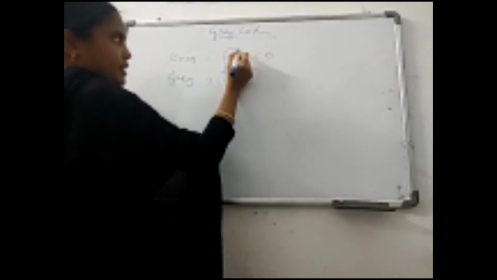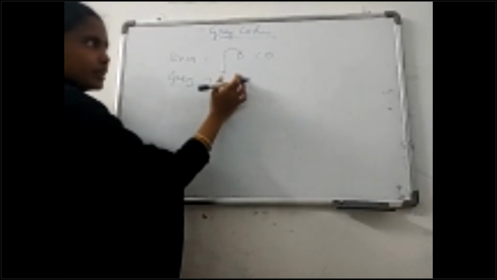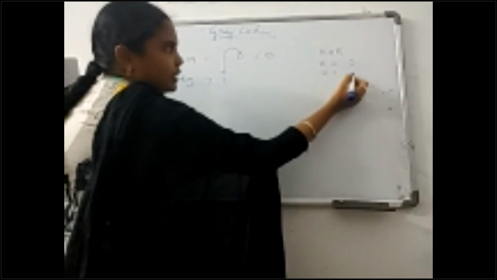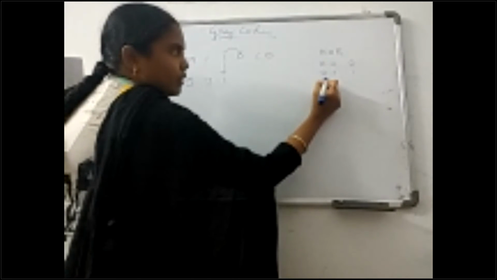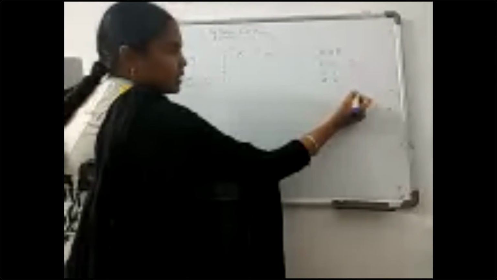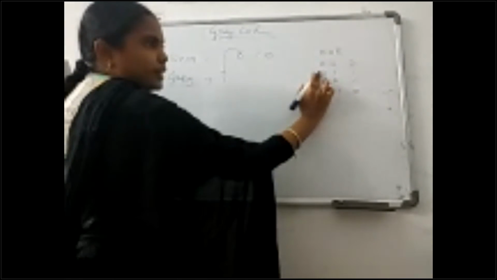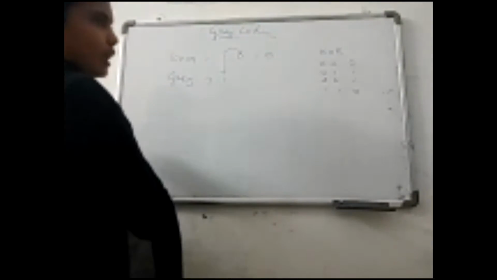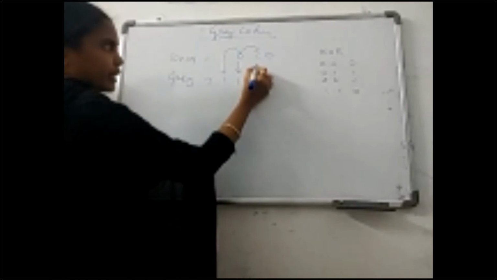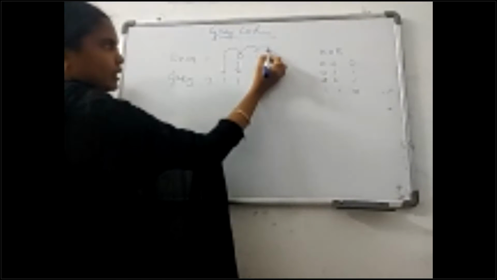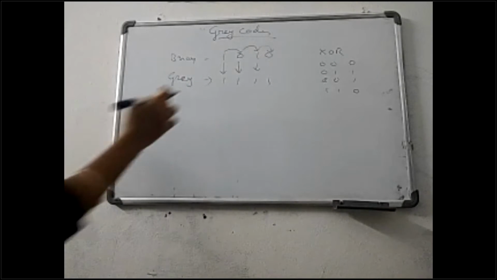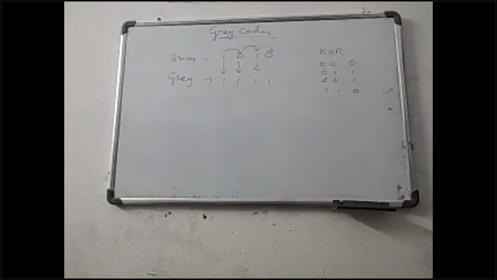Then for the remaining bits, XOR operation is used on adjacent bits. If you get the same inputs, you get 0. Different inputs give 1. So 1 and 0 are different inputs, giving 1. 0 and 1 gives 1. 1 and 0 gives 1. So the Gray code is 1111. This is the Gray code operation.